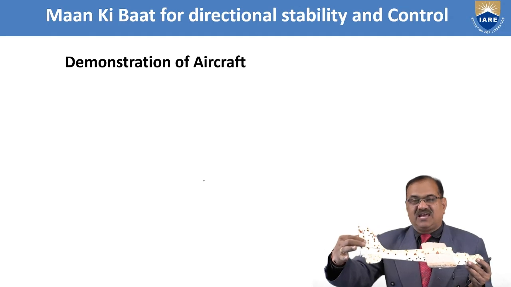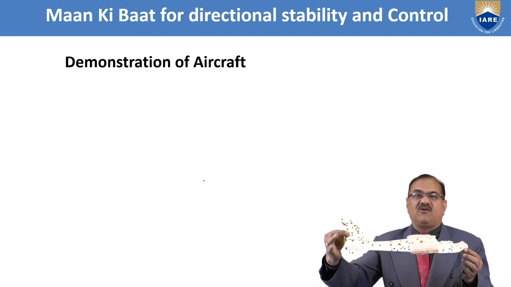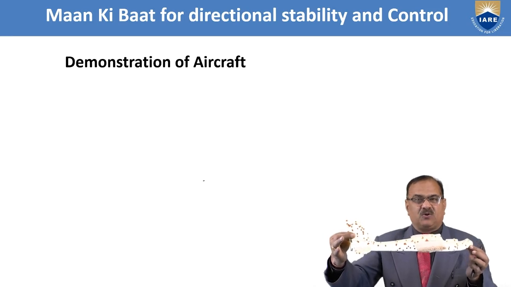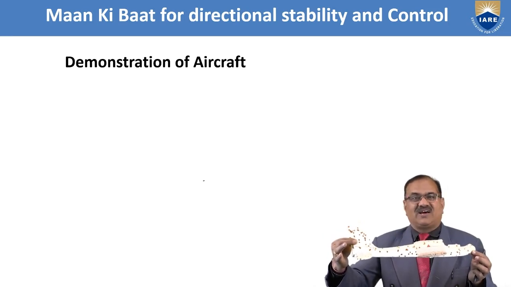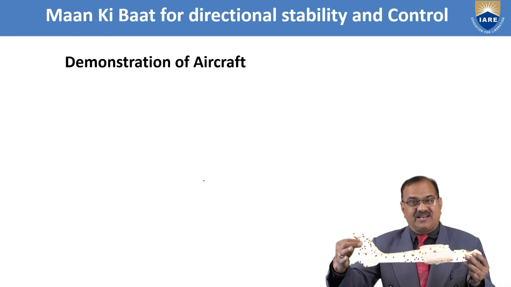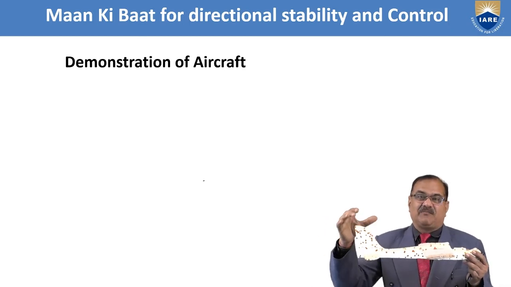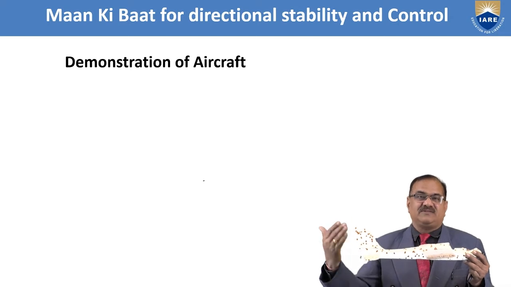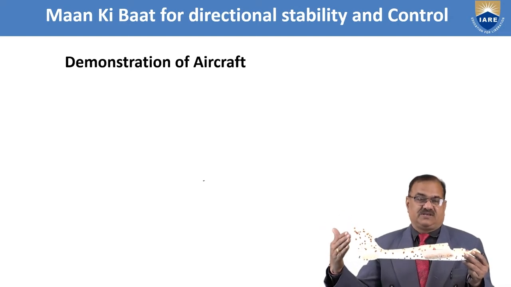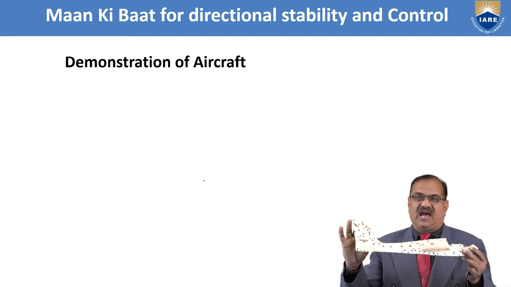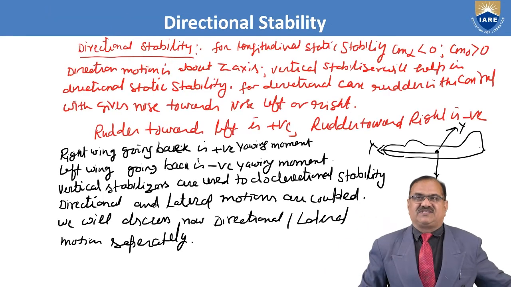This rudder helps to produce yawing motion, the turning of the aircraft nose towards the left or the right. So the rudder is the main control for yawing, and the vertical tail is the main component for directional static stability. This is what I have shown for aircraft stability.